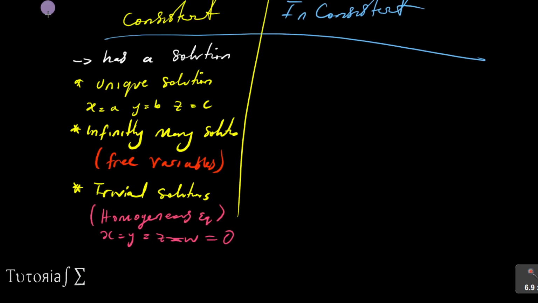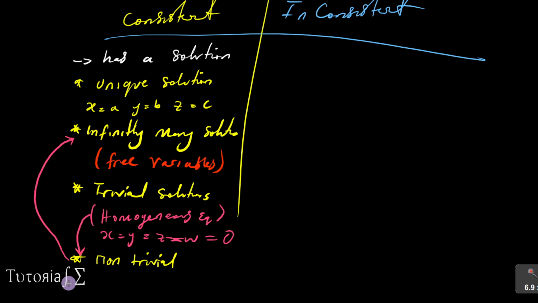In the same line, there is a non-trivial solution for homogeneous. Let me tie it to homogeneous: for homogeneous, a non-trivial solution basically means the system has infinitely many solutions.